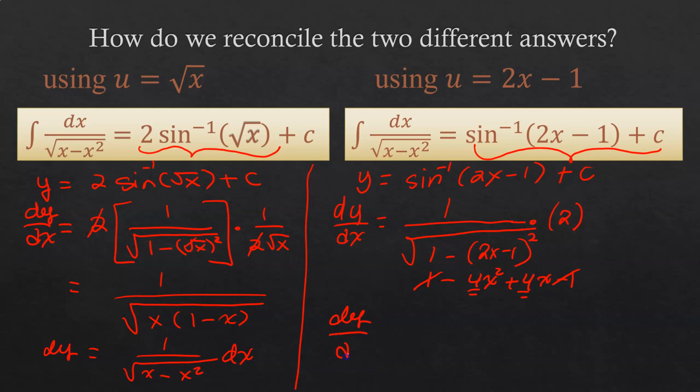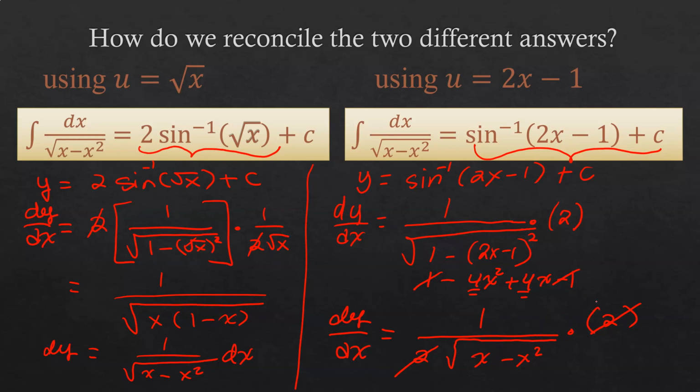So dy dx is going to equal 1 over, when I factor out the 4 and take the square root, I have 2 on the outside. And remember, we were multiplying by 2 over here, so that is going to divide it. That is gone, and I will have the square root of negative x squared plus x. So same answer, right?